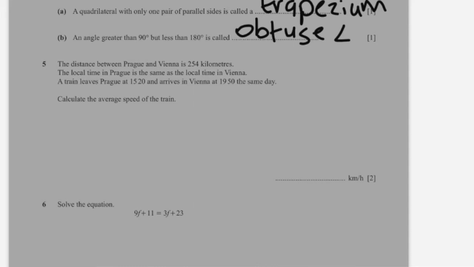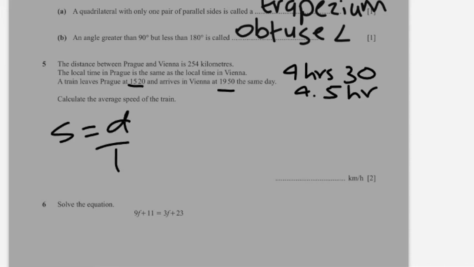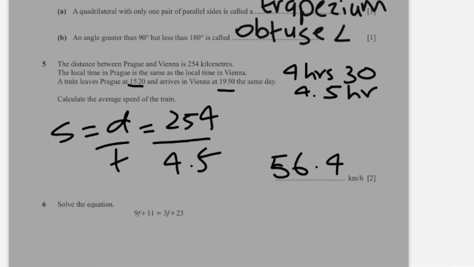Right, so we calculate the difference between the two times, and this is basically 4 hours and 30 minutes. That is 4.5 hours. Now we have the time and the distance, so we calculate the speed by distance over time, which is 254 divided by 4.5, and this gives us the answer as 56.4 kilometers per hour.